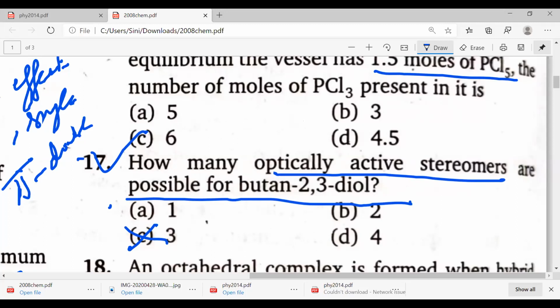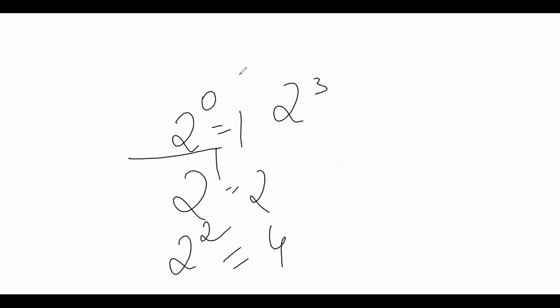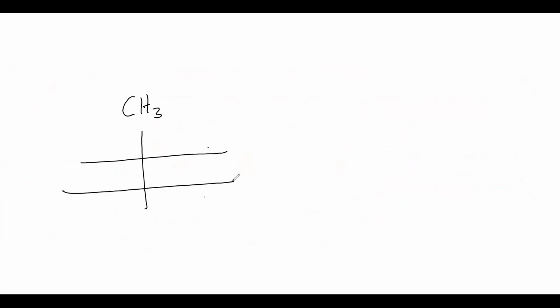Now we have 1, 2, and 4 in the options. So we should know how to do this particular question. We have to draw this, the CH3, a clear-cut drawing. I'm drawing very small.